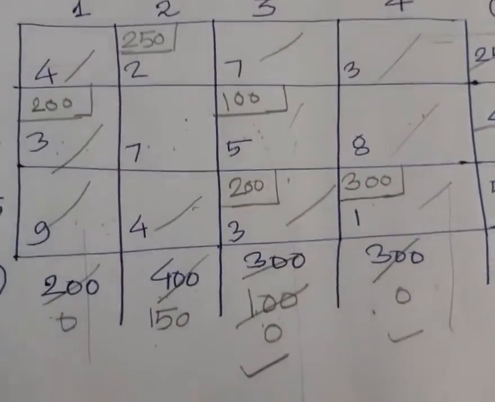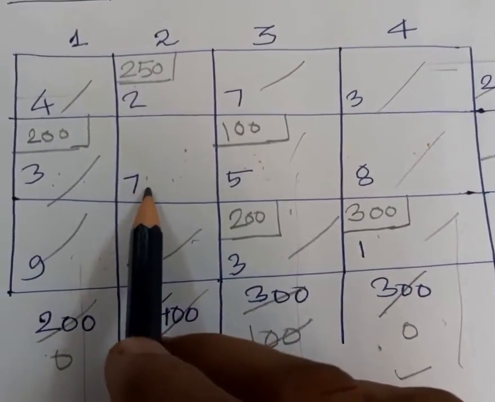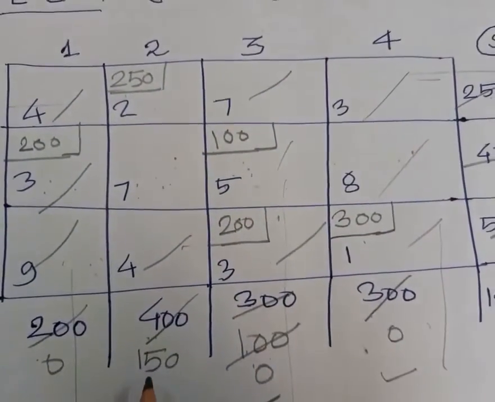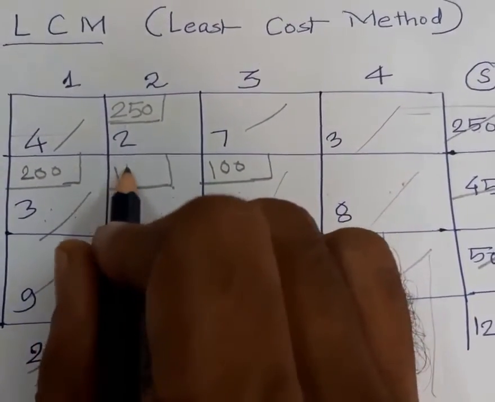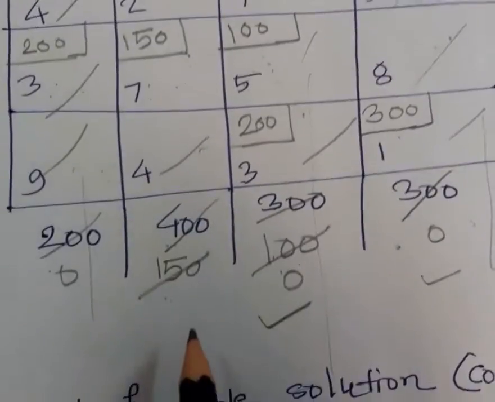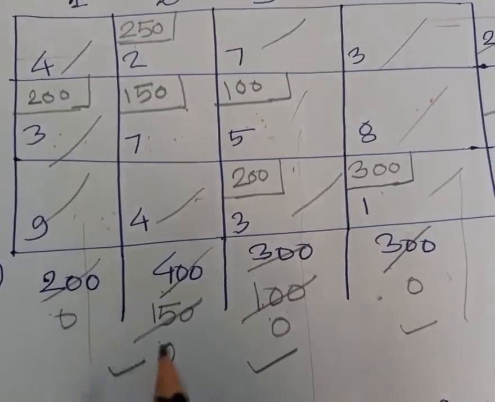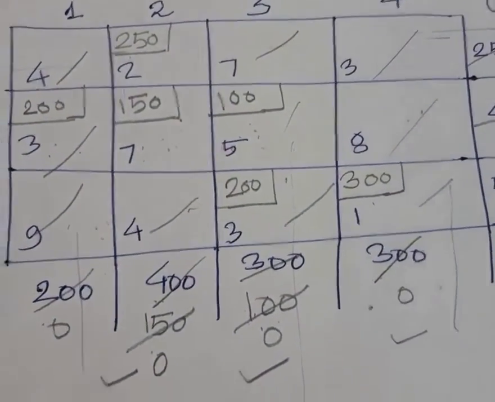Now the last allocation, we are having only 1 cell with 7 as a unit cost. So just allocate 150 units here, 150. This will become 0, exhausted, and this will also become 0.